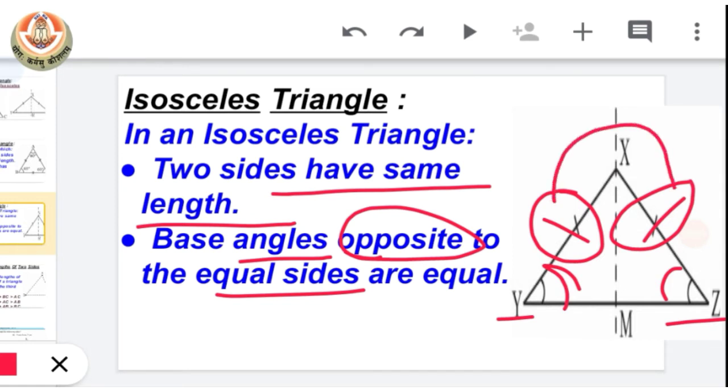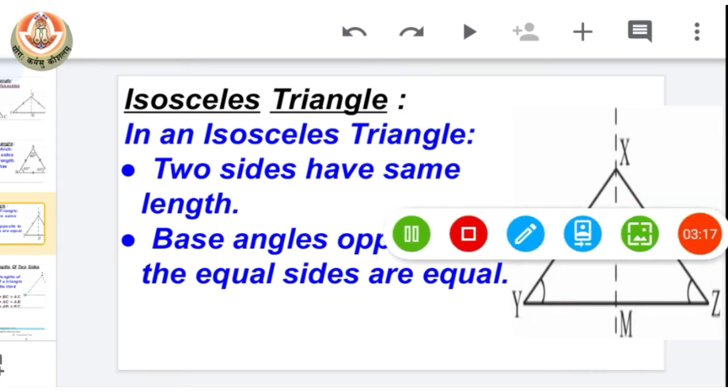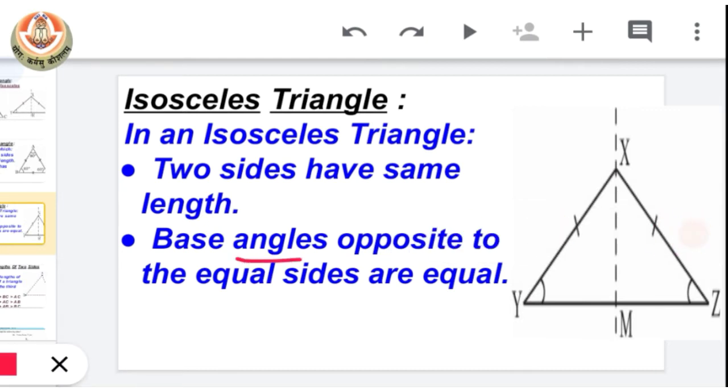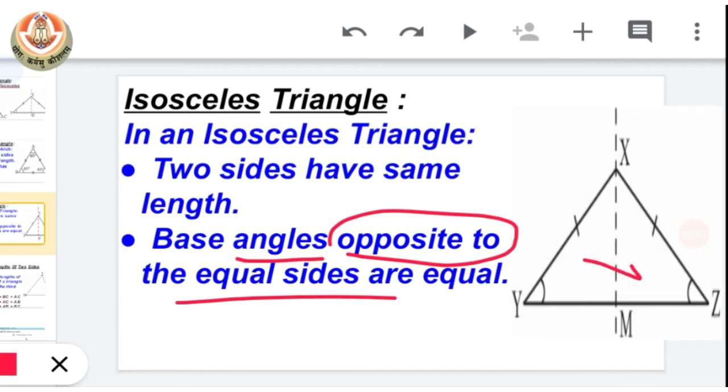As both sides are equal, their opposite angles should be equal to each other. That means these two angles are also equal to each other. Again, base angles which are opposite to the equal sides should be equal to each other.